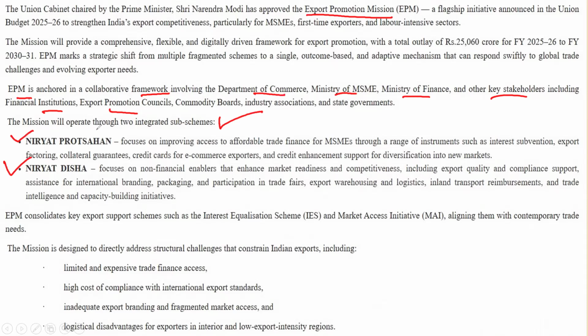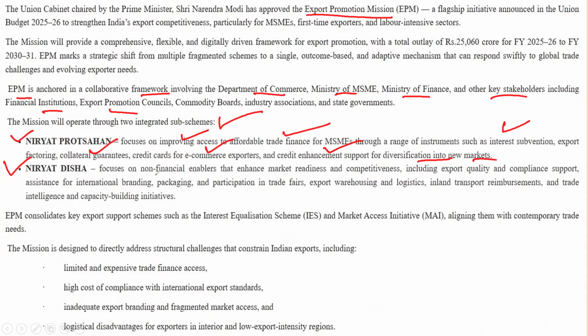Protsahan means encouragement, so export encouragement, and Niryat Disha means they should give direction to exports. Niryat Protsahan focuses on improving access to affordable trade finance for MSMEs through a range of instruments like interest equalisation, factoring, collateral guarantees, credit cards for e-commerce exporters, and credit enhancement support for diversification into new markets.